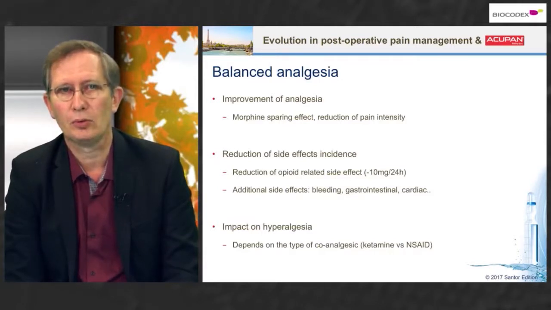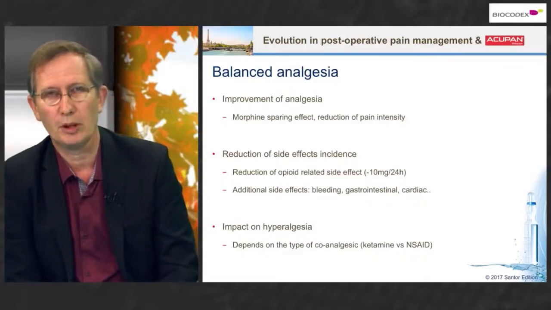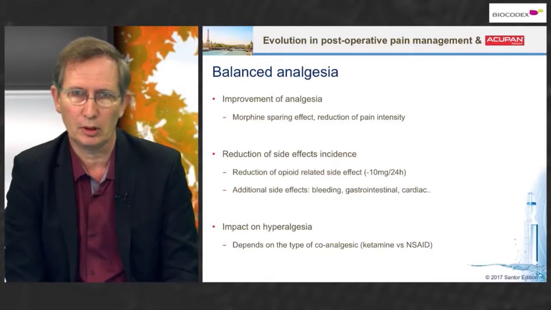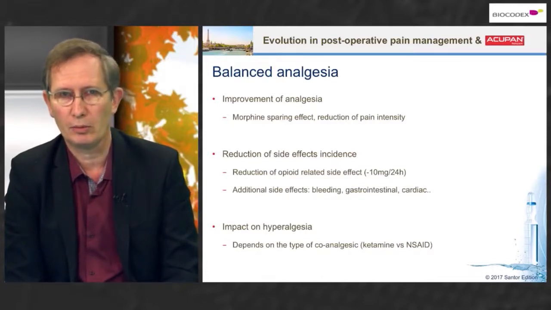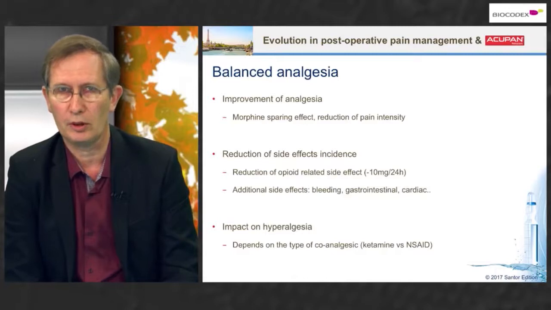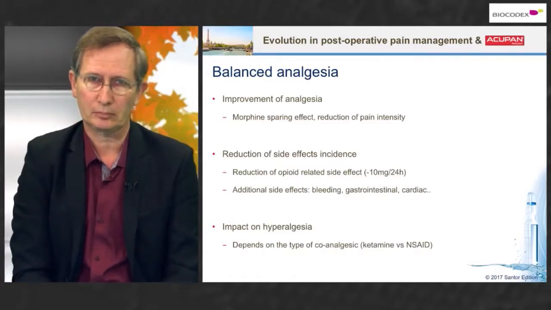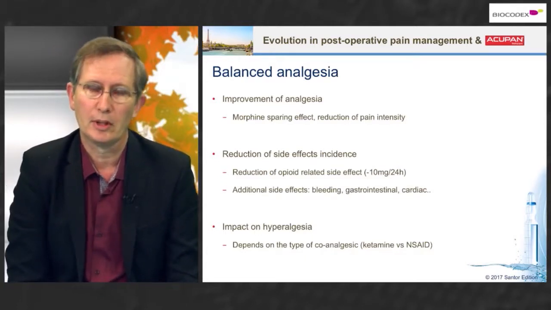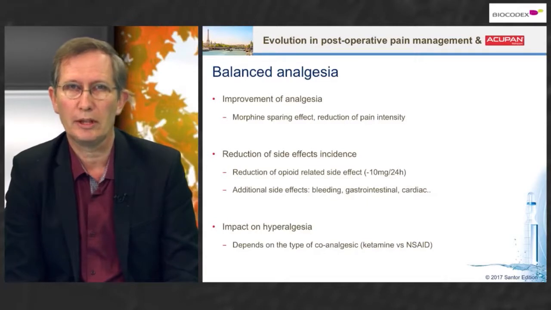It's also to reduce the opioid-related side effects, especially postoperative nausea and vomiting and sedation. And there is agreement in the literature that when you obtain a reduction of about 10 milligrams over 24 hours of treatment with opioid, you can expect some reduction in side effects, nausea or sedation. And of course, there is the other side, which is potentially the addition of new side effects.